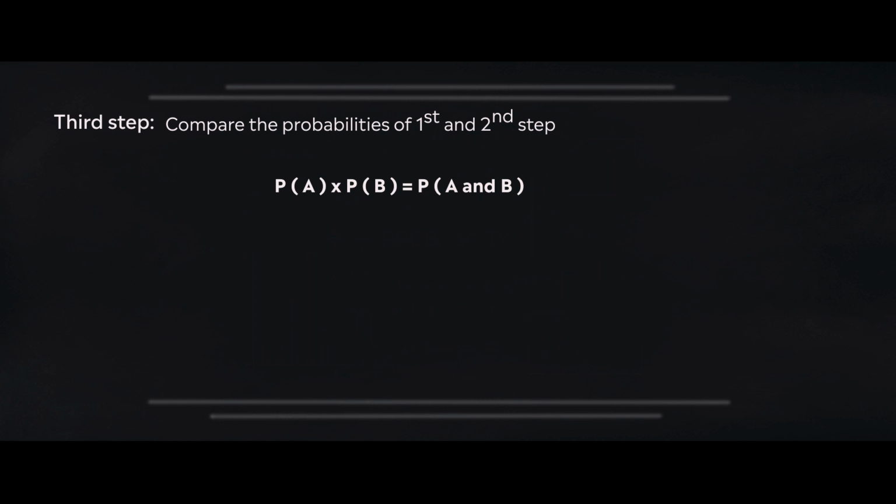So the result of the probability of A and B happening in step 1 was 1 by 12. And the probability of events A and B happening as a combined event was also 1 by 12. So you see that the probabilities are equal.